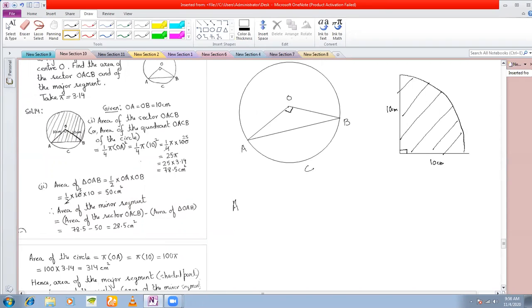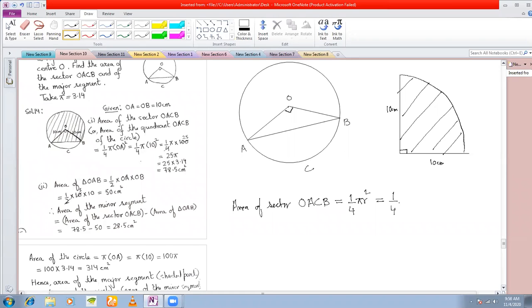So area of sector OACB is 1/4 pi r square, because this is 90 degree, it will divide the circle into 4 parts. The entire circle is 360 degree and 90 degree means 1/4. So 1/4 of pi r square.